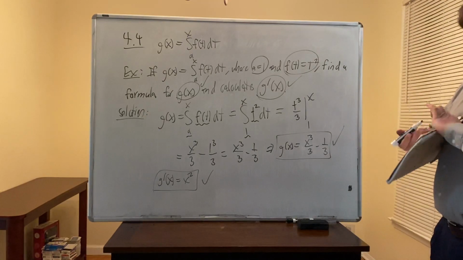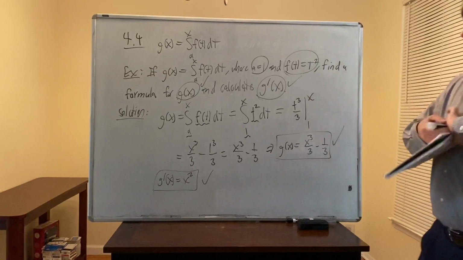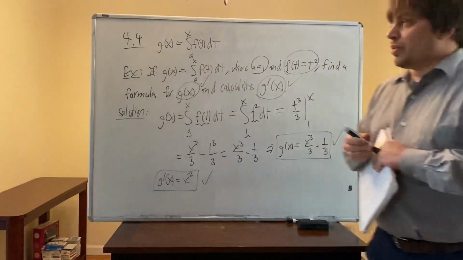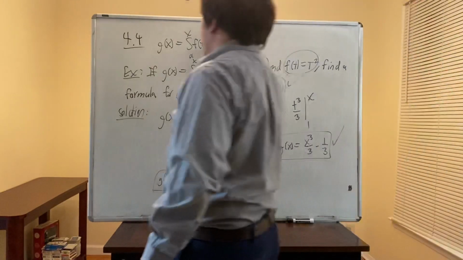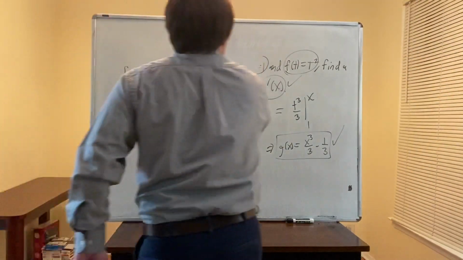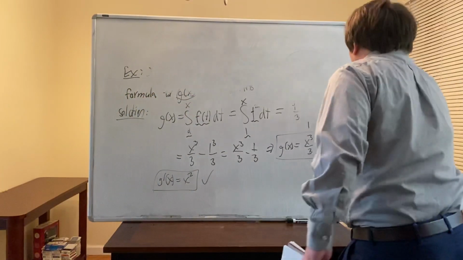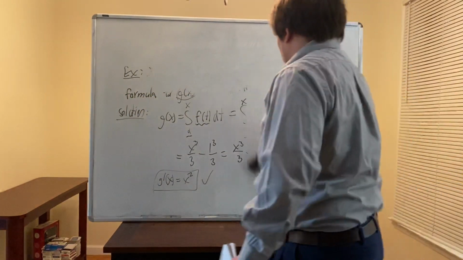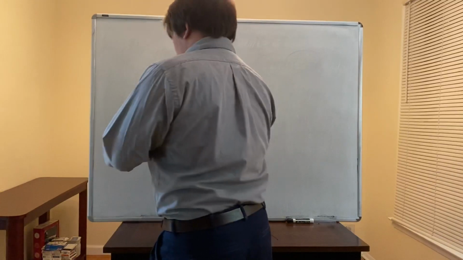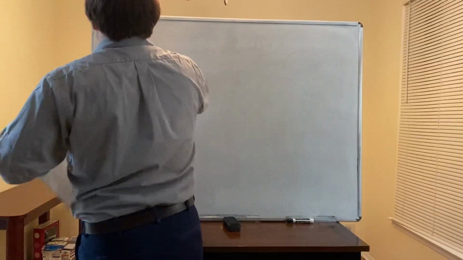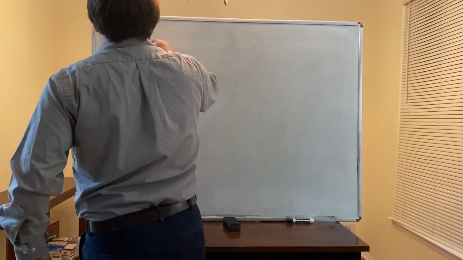Okay, so we've now done some work with this function g of x here. And so we're going to use that in the following theorem, the fundamental theorem of calculus. And so this is the main topic of 4.4. Okay, so this is the fundamental theorem of calculus.